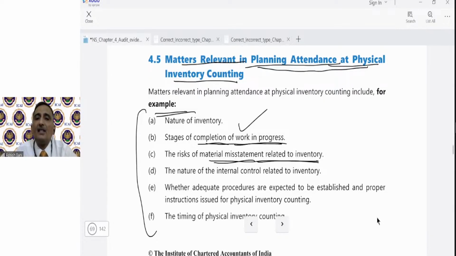So what is the nature of internal control related to the inventory? So how the company exercises control that stocks are safe, that there is no theft, and these are properly stored.